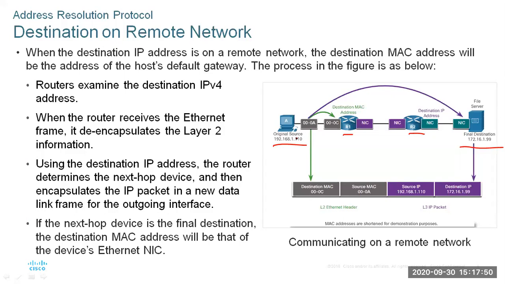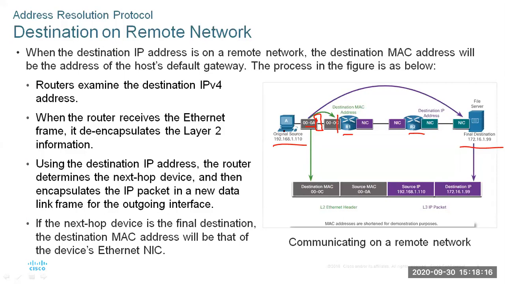What will happen is, you see, there's a switch here. Okay, so 000A is the MAC address here of this PC. All right, and 000C is the MAC address of the interface of this router, the MAC address of the interface.